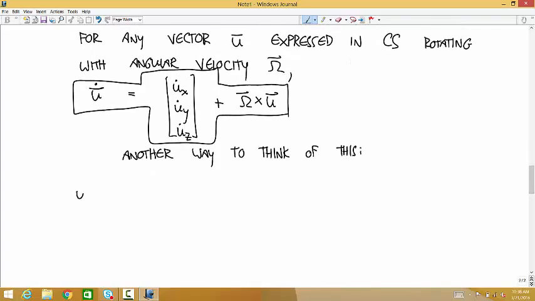Is that the time derivative of u is equal to the time derivative of u observed in the rotating coordinate system.